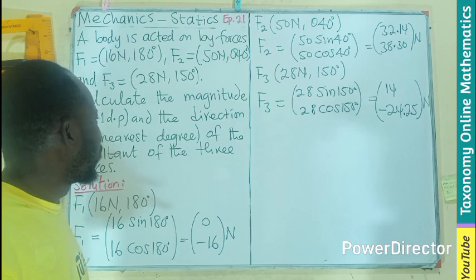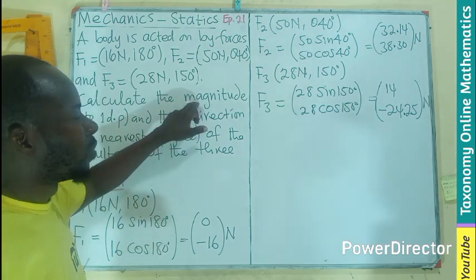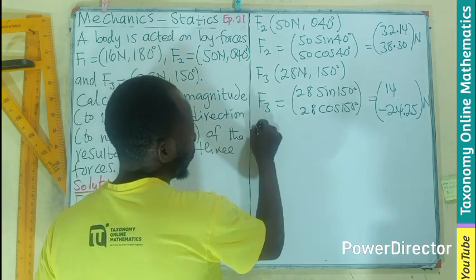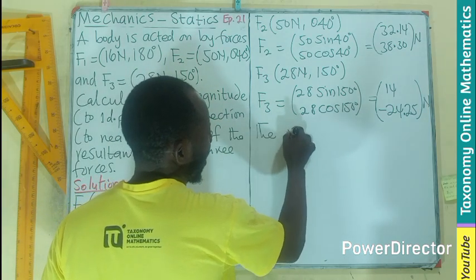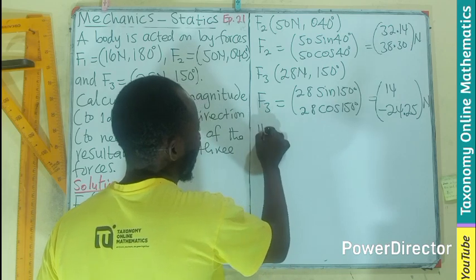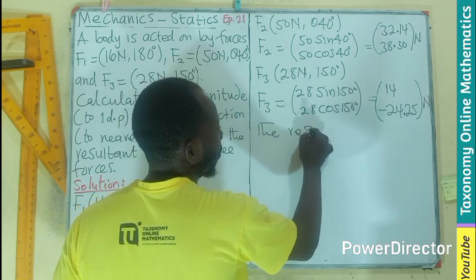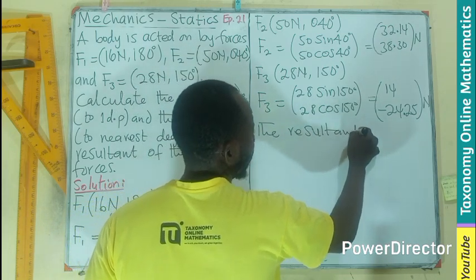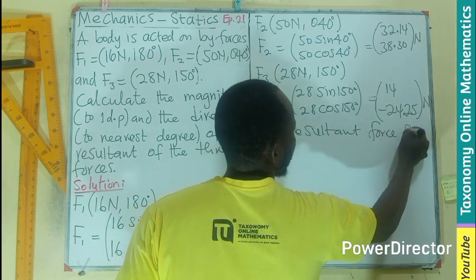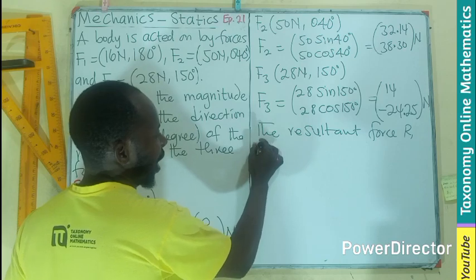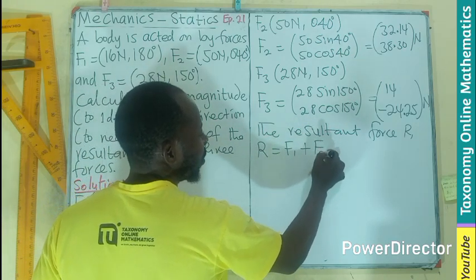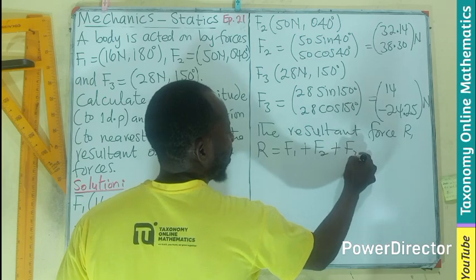What next to find? We are asked to find the magnitude. Let's first find the resultant force. Our resultant force R will be equal to the addition of the first force, the second force, and the third force.